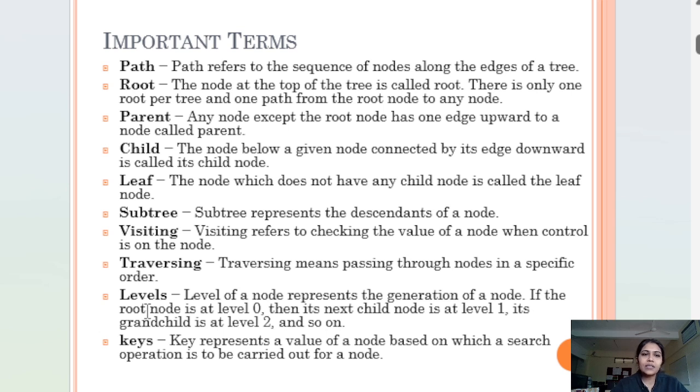Path represents the sequence of nodes along the edges of the tree. And what is the root? The node at the top of the tree is called the root node. There is one root per tree and one path from the root node to any other node.